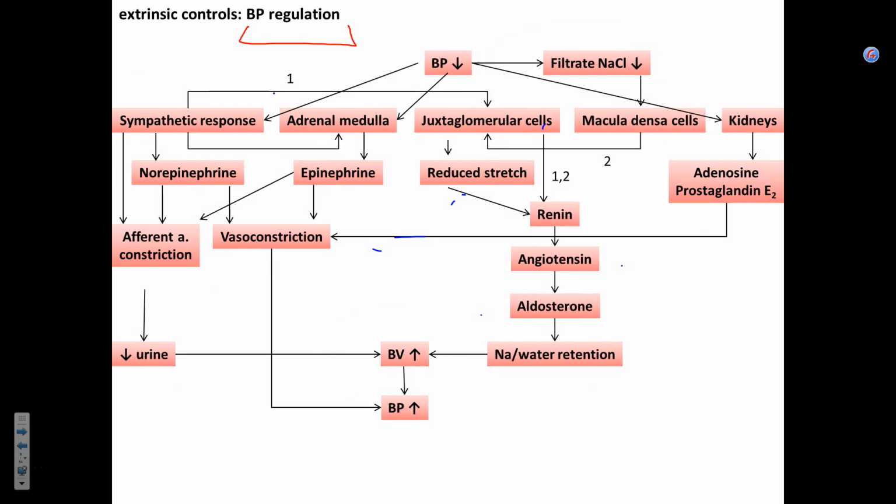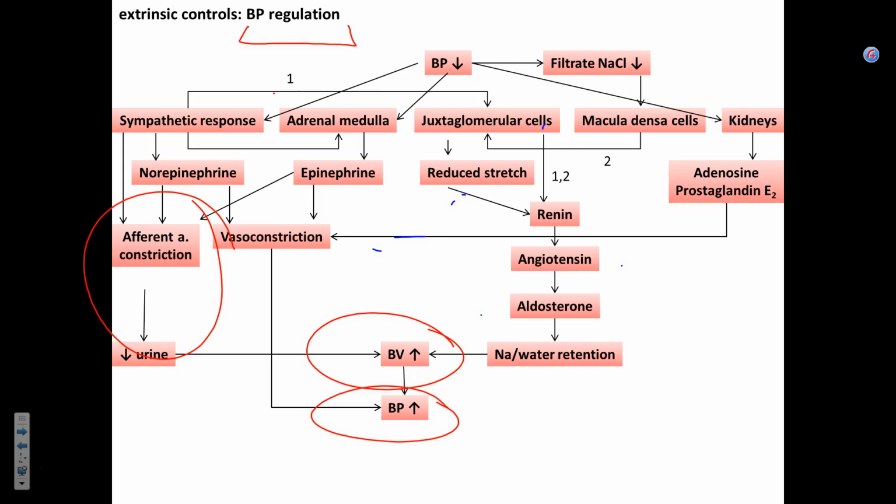Now, in response to that decreased stretch, or in response to systemic activation, what happens in the kidneys is vasoconstriction, decreased blood flow, increased blood volume, elevated blood pressure. So this is what we can call a vascular response. Does that make sense? It is not mediated by any hormones. It is in response to blood vessels being stretched or not.